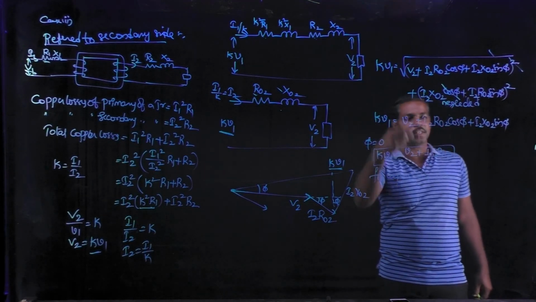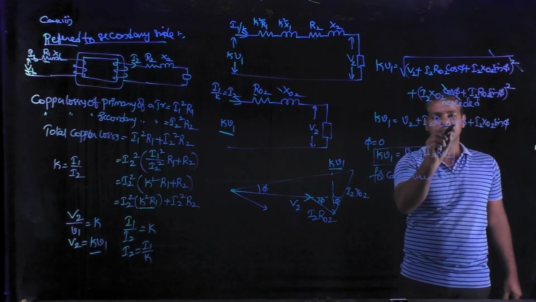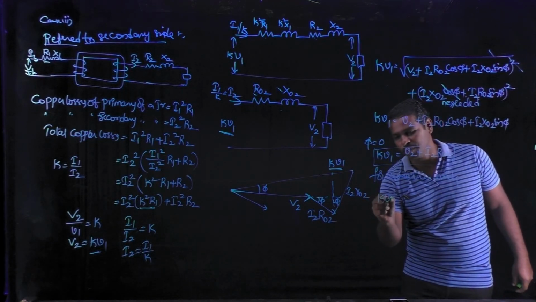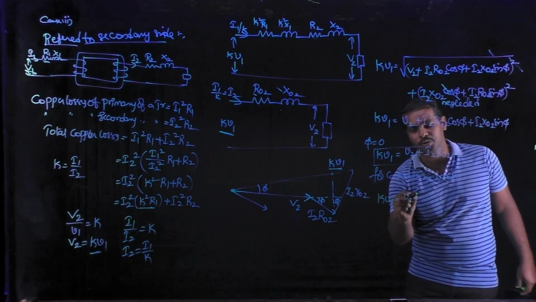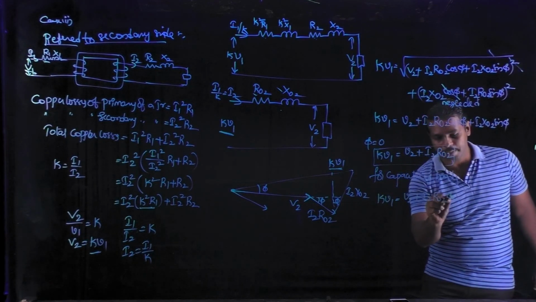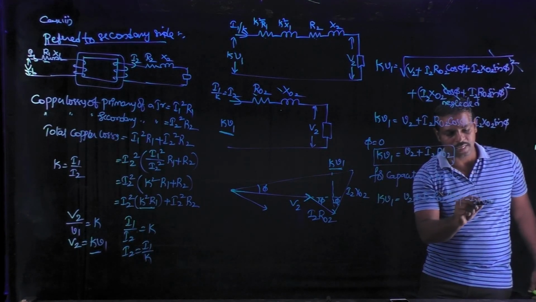So this equation is to be modified with phi taken as a minus sign. Cos of minus phi is equal to cos phi, that means a positive sign, and sin of minus phi gives a negative sign. So K into V1 is equal to V2 plus I2 R02 cos phi minus I2 X02 sin phi.